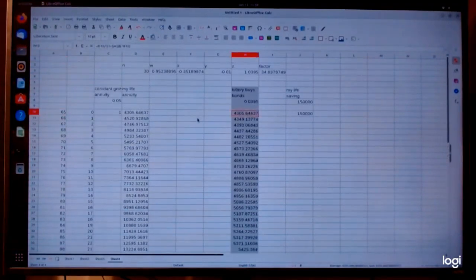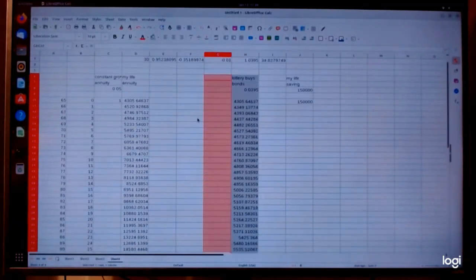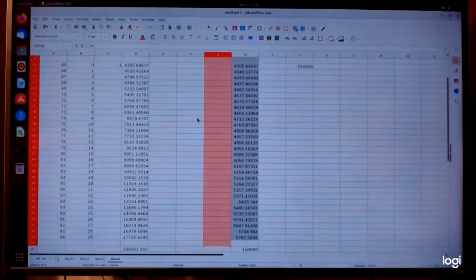Let me figure out the balance of that. So I'm doing, let's just zero out this right here.